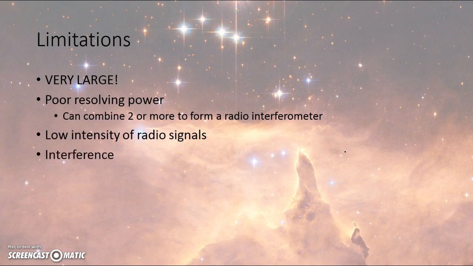Okay, and then the last one is interference. Now the interference, think about it. These are radio waves. Radio waves are low energy waves. Okay, they're going to be weak in comparison to other waves, they're the weakest ones. And so a lot of times it can be drowned out by interference.